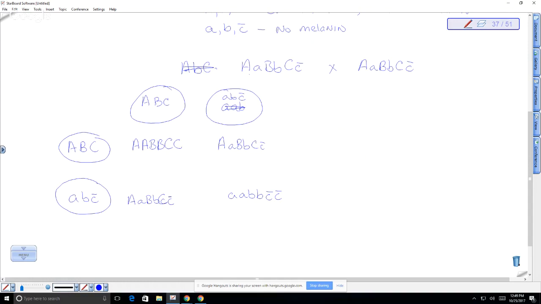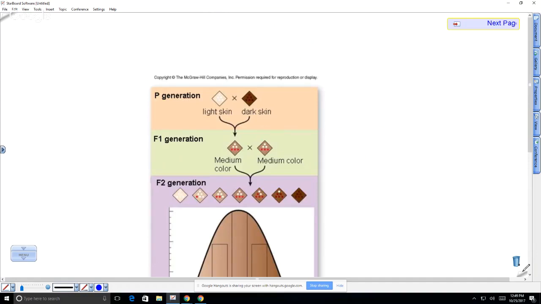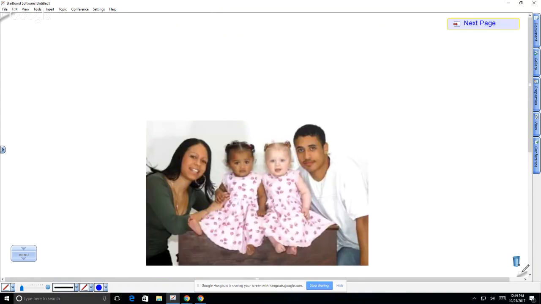So this happens sometimes, in this case with fraternal twins. Okay, so these are the parents. These babies are not identical twins. They would have to be fraternal twins because they came from two different zygotes. And so these are the children, and they're siblings, okay? But they're dramatically different in color.